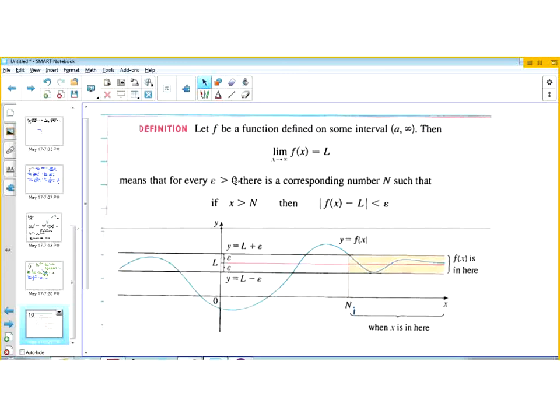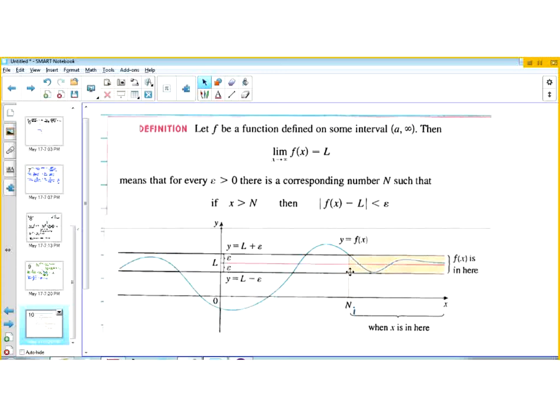And what it means is that for any positive number on the y-axis, call it epsilon, there's some number n on the x-axis, such that if x is bigger than n, then the distance from L is less than epsilon. All right, so here's the graphical interpretation of this definition.